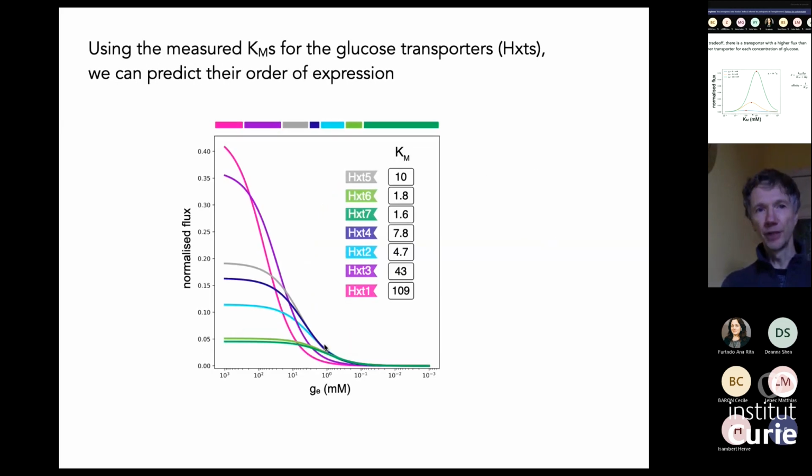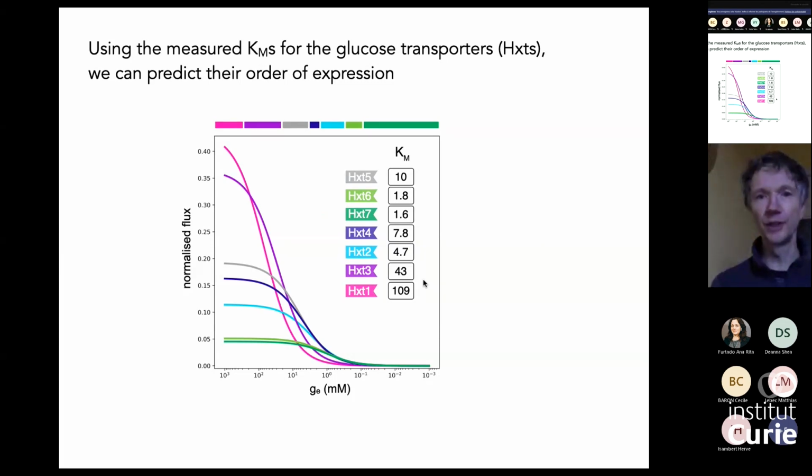So what we then did is we went to the measured values of these Kms for the hexose transporters, the glucose transporters in yeast, which is given here. And then for each of them, we can estimate what the flux would be.